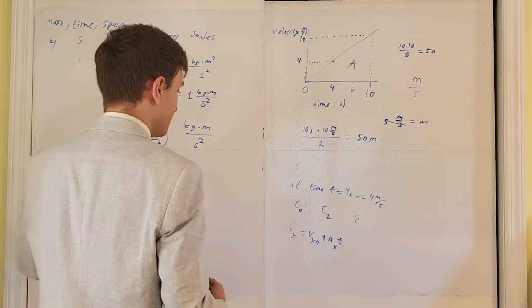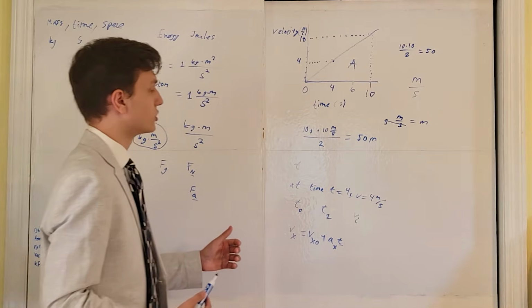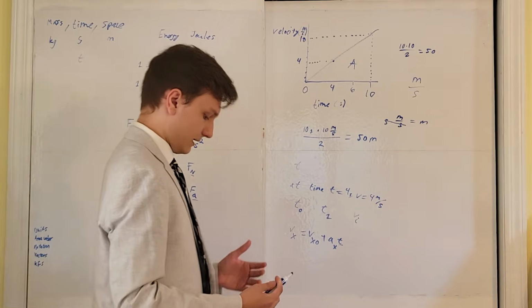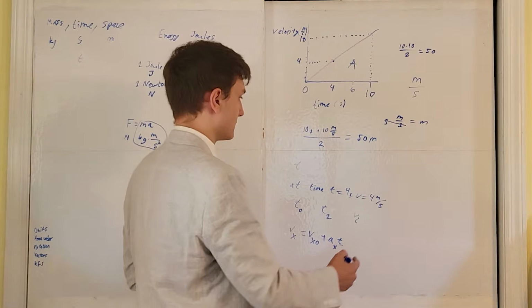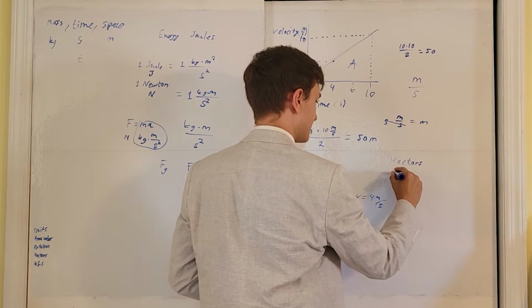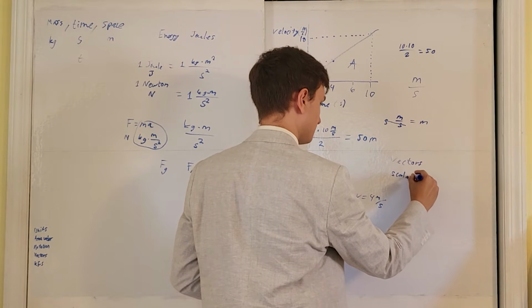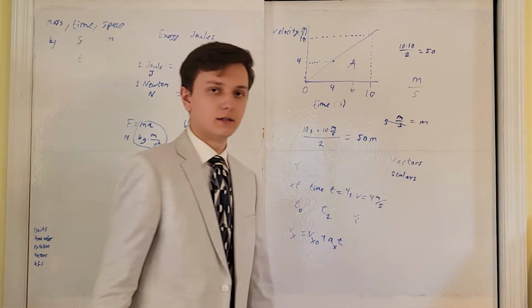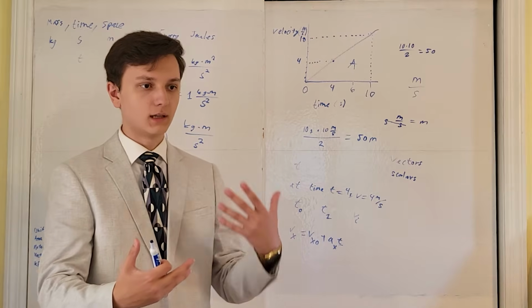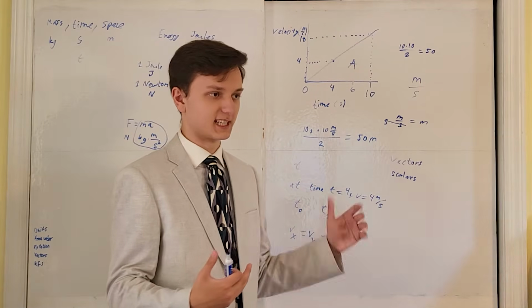Beyond that, let me build off what I was just getting at earlier with direction. In physics, we have two types of quantities. We have vectors and scalars. Vectors are any quantity that has a value, like let's go back to the speed example.